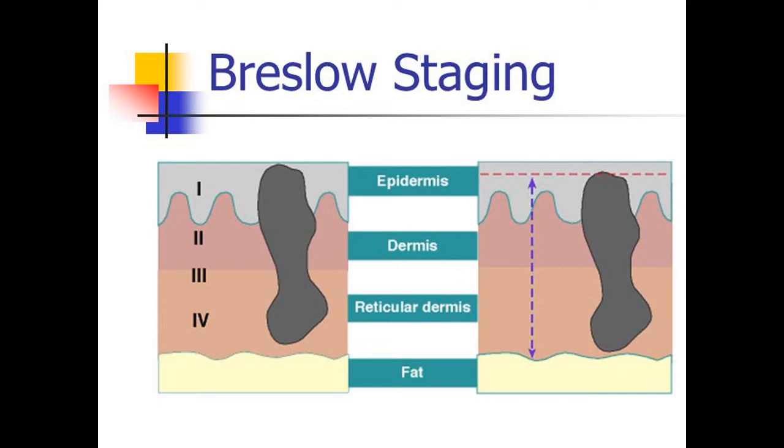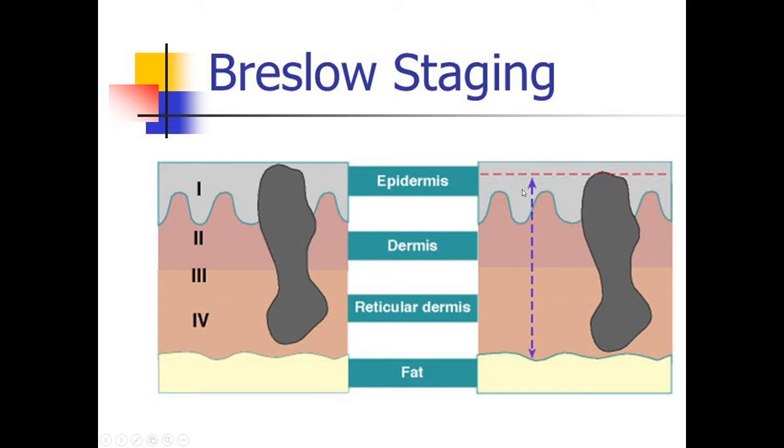Melanoma is a very important topic, so there's another important rule, because sometimes you see that there is Breslow and Clark staging. The best is to have both, but most important is the Breslow.